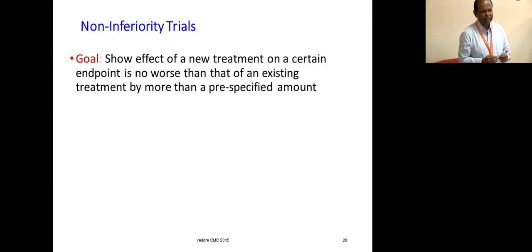You don't even equate to a psychiatrist. So the moment you say something is inferior, like the aerosolized vaccine, you know this is inferior. So then you say it is non-inferior to the comparator.